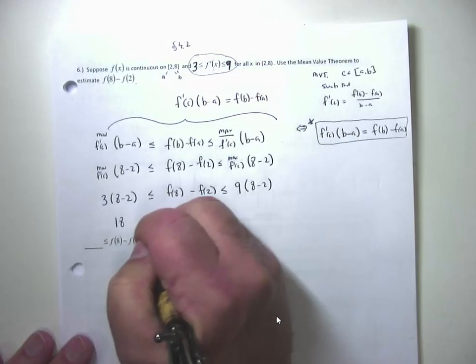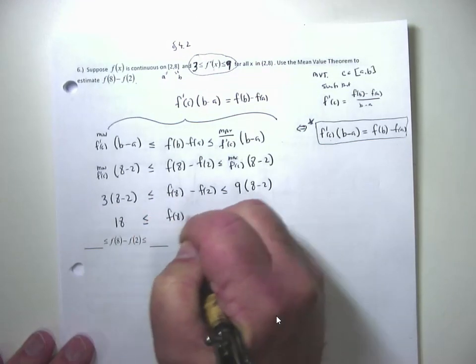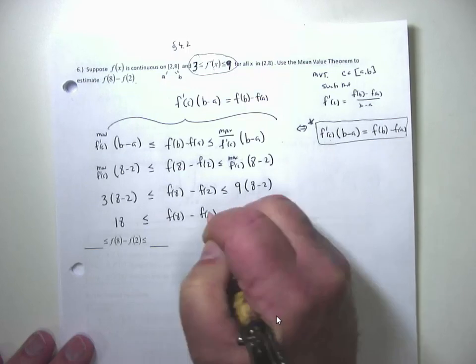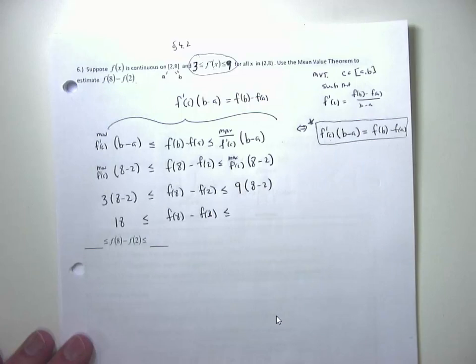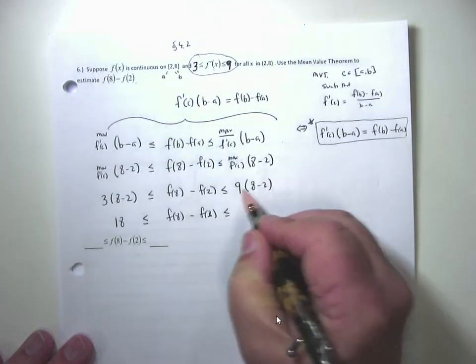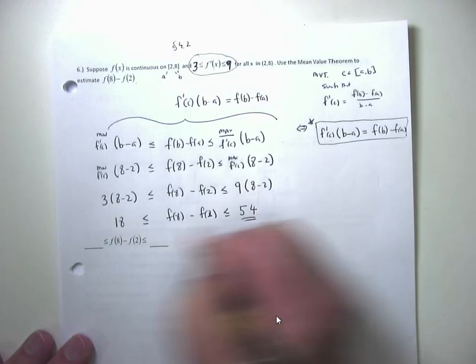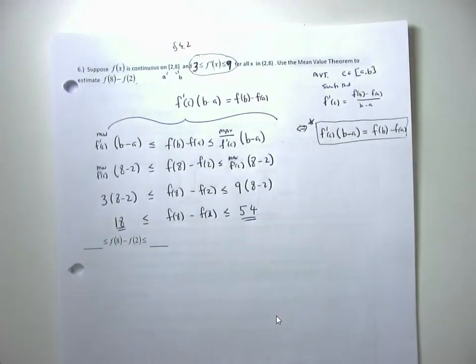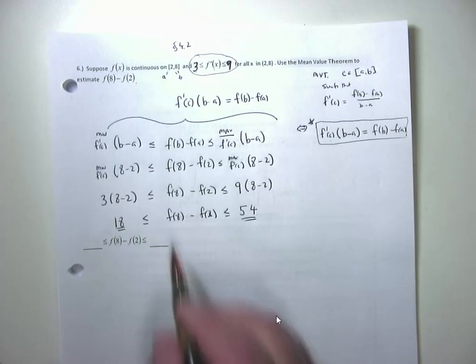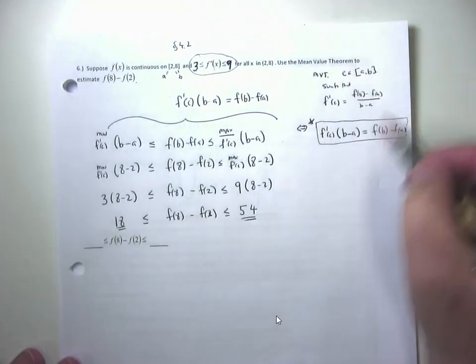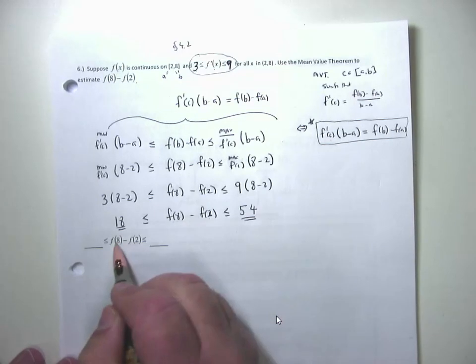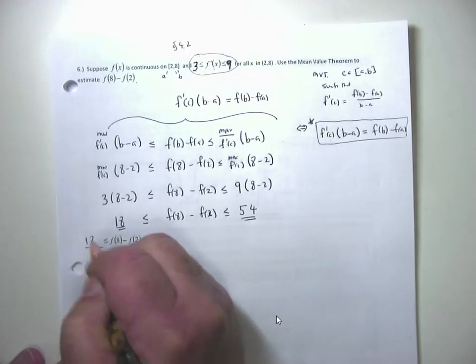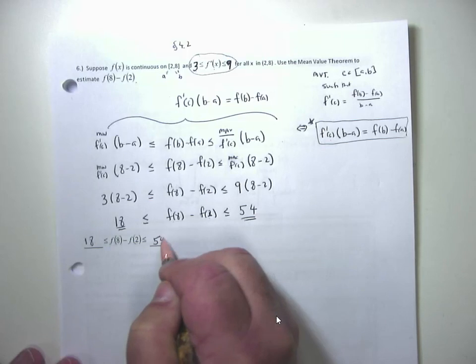So 18 is less than or equal to f of 8 minus f of 2, which is less or equal to, well, 8 minus 2 is 6, and 6 times 9 is 54. Does that make sense? So what are the bounds? I can use the mean value theorem to get a handle on the difference in the bounds. So what's the low bound on f of 8 minus f of 2? The low bound was 18, and the upper bound is 54.